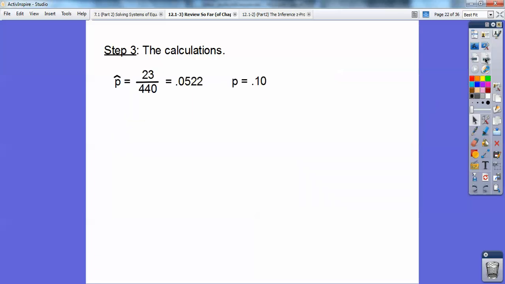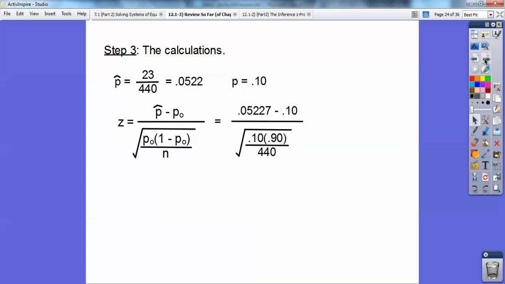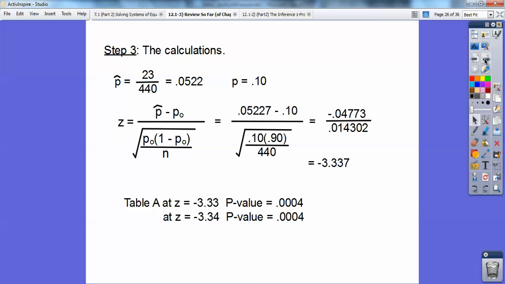And then the calculations, here we go. So we're going to plug in my p hat, and this 10% goes right here. Okay, makes sense, and it calculates to negative 0.337. So if you looked up negative 0.33 on the p-values in table A, you get 0.0004, and you get the same for negative 0.34.